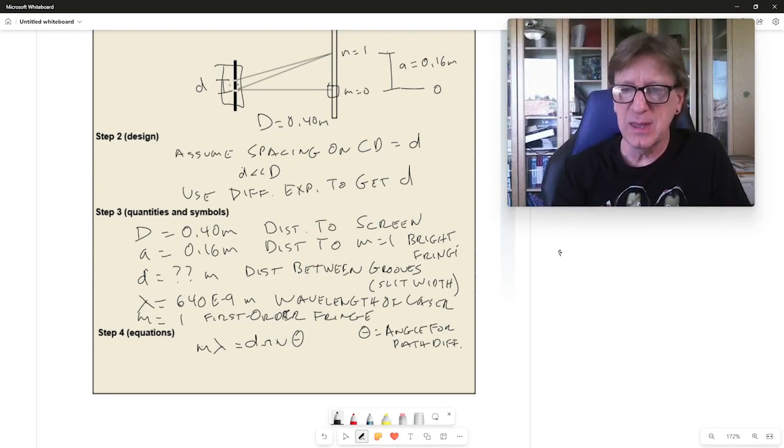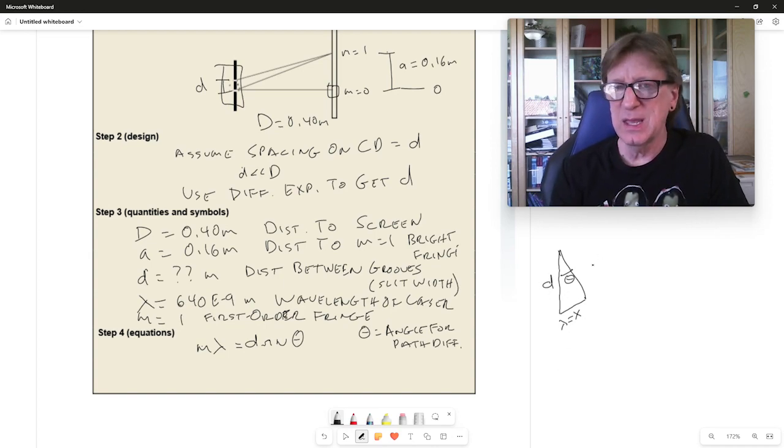So let's go ahead and magnify our drawing like we did before. So here's theta, which is what I want. This is going to be my slit width, and we called this x, but we want this to be equal to 1 wavelength here. Now you're like, but wait a minute, I don't know d, so I can't do that.